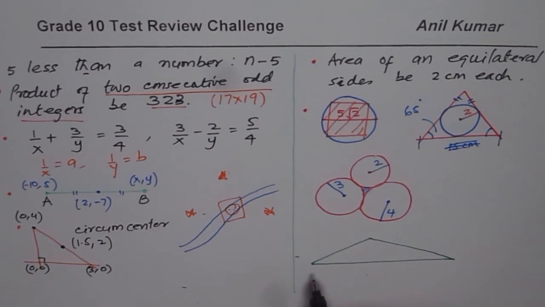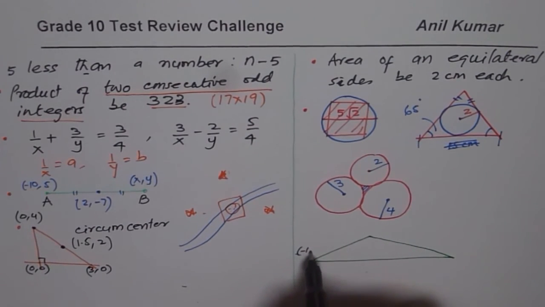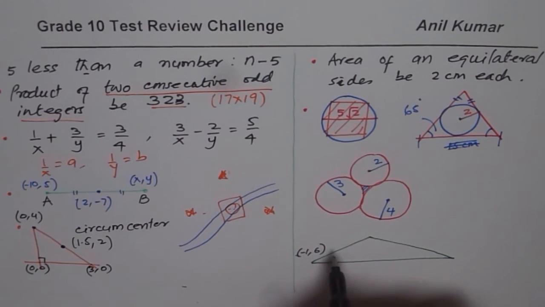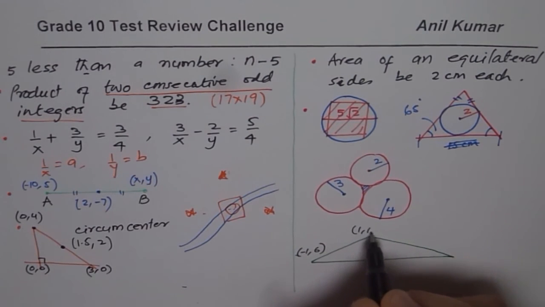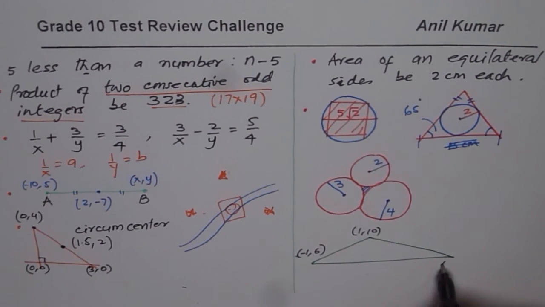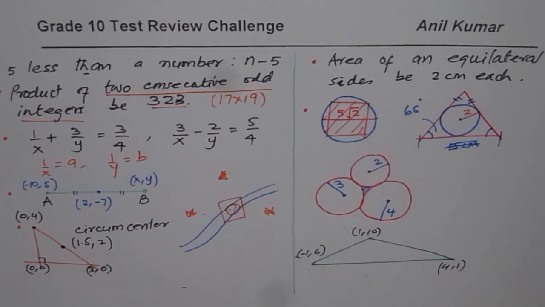So these are really tough points to work with, and let this be, let's say, (-1, 6), and let this point be (1, 10), and this point be (4, 1). Well, I could have written any points for these 3 vertices, but anyway, take these points. I do have an example which is the solution of this question, so that will help me to link it up. So anyway, we have a scalene triangle, and you need to find the area of this triangle.